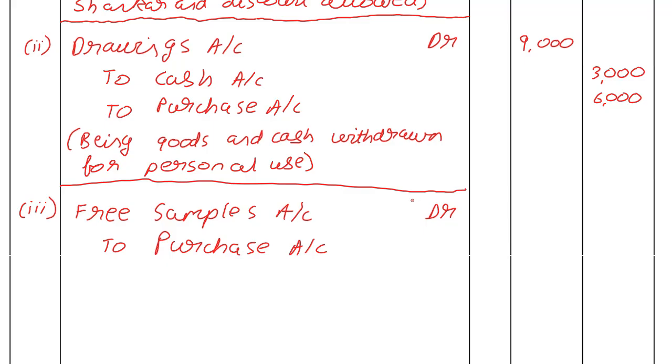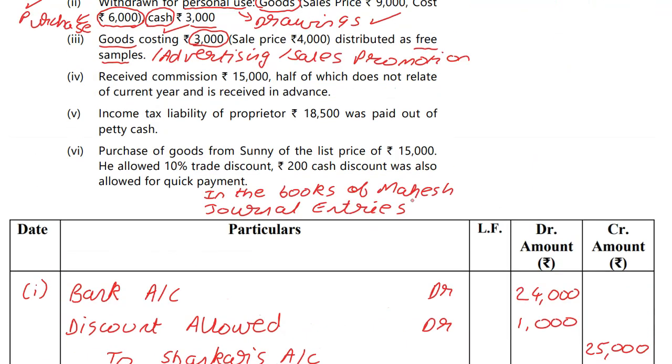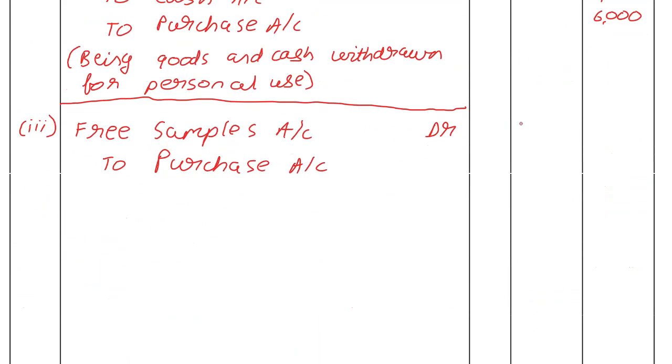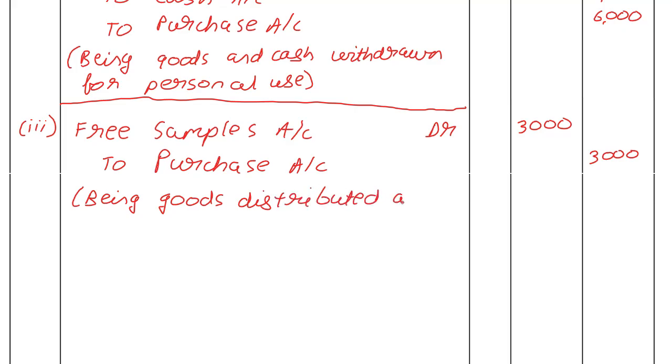I'm just going back up again to confirm the amount. Always at cost and therefore 3,000. So free samples account debit 3,000, debit all expenses and losses. To purchase account 3,000, credit what goes out, being goods distributed as free samples.